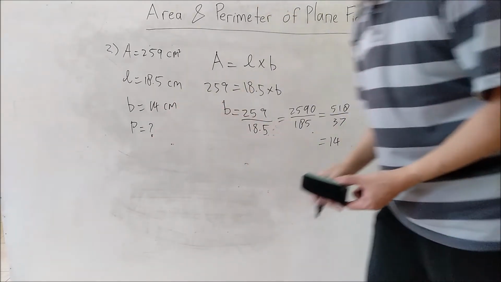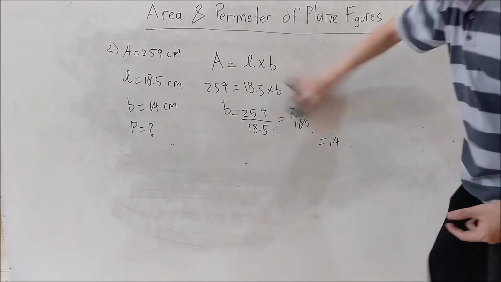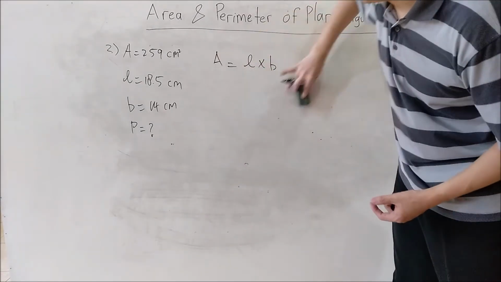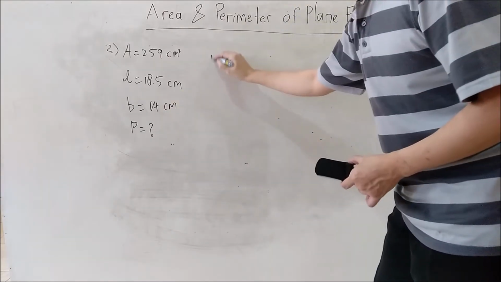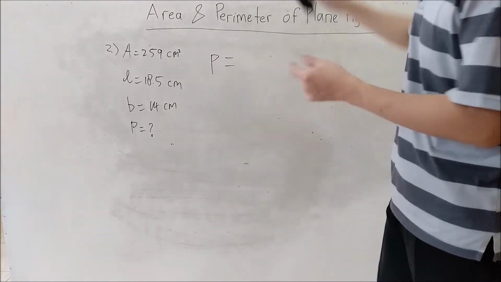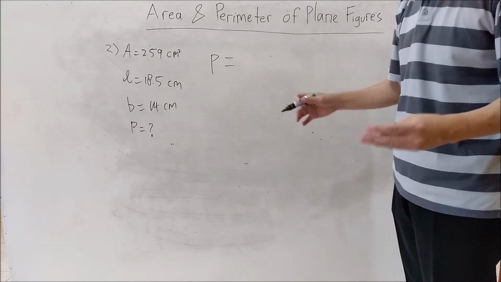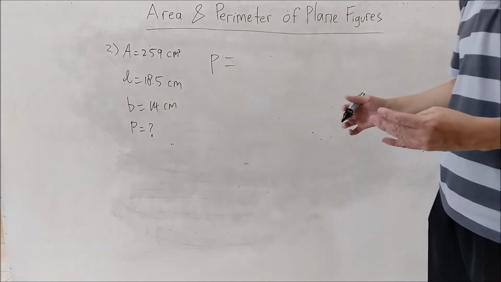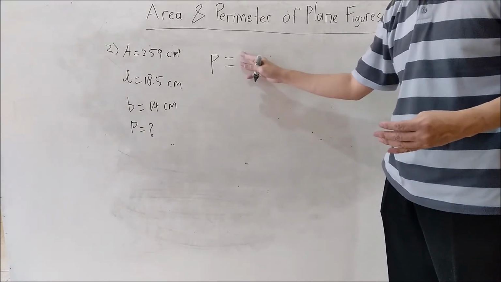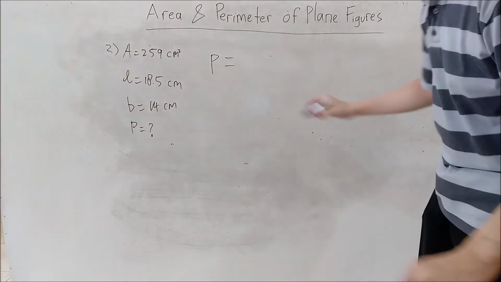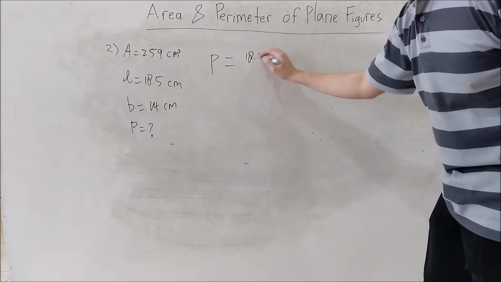How about the perimeter? As I told you before, actually you don't have to memorize the formula. It is a rectangle. The perimeter will be length plus breadth plus length plus breadth, right? So we will just insert the number, which is 18.5.